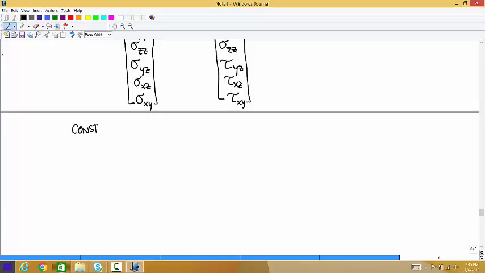The spring stiffness tells you how stiff or flimsy a spring is. The constitutive relationship has to do with how flimsy or stiff a material is in resisting all these different types of deformations.